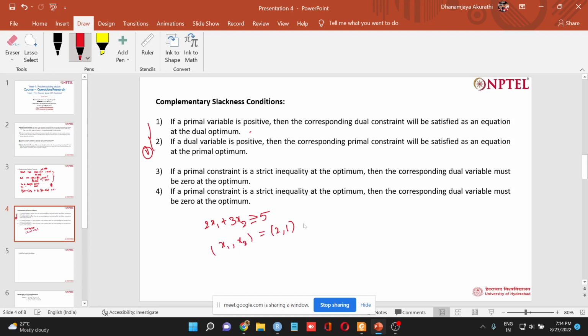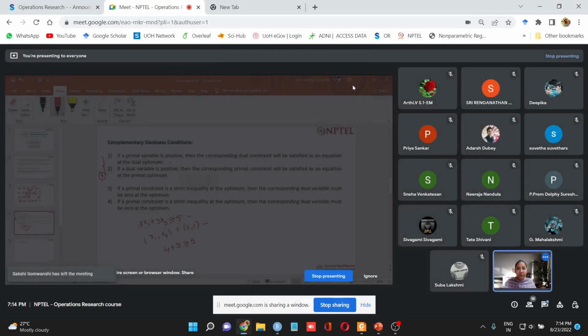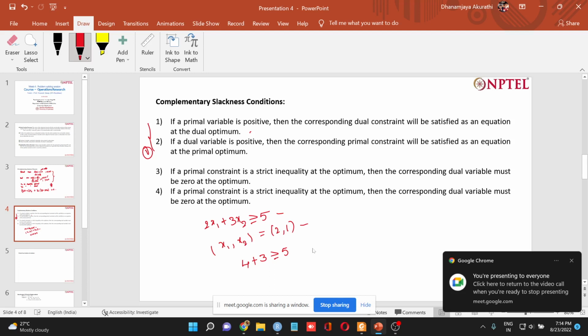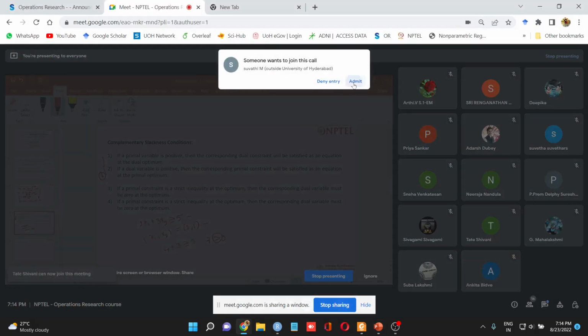If we substitute these in the given inequality, we get 4 plus 3, which is 7, greater than or equal to 5, right? Not only greater than or equal to, it follows the strict inequality. That means only greater than, not equal to.